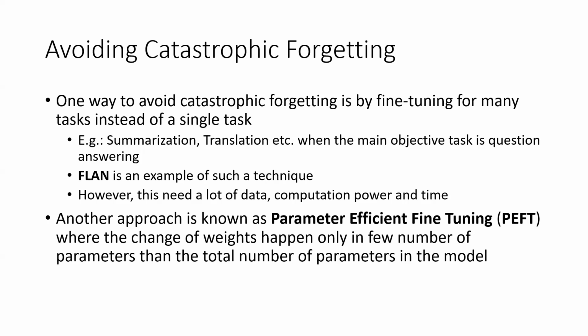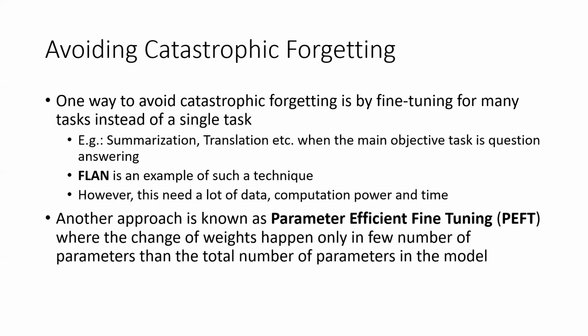There's another way of avoiding catastrophic forgetting known as parameter efficient fine tuning, where we are not going to update all the parameters that were already learned by the pre-trained model. In the pre-training, we have learned many billions of parameters, but when we are training for our specific task, we are not going to update all the parameters, only a smaller number of parameters in this phase of fine tuning.